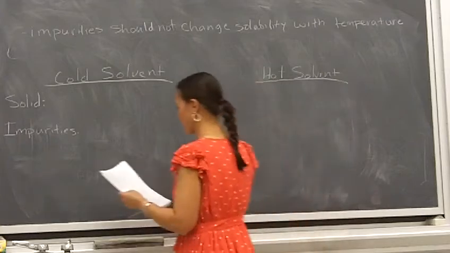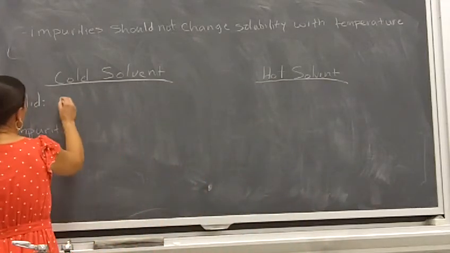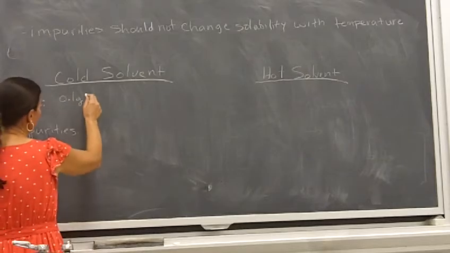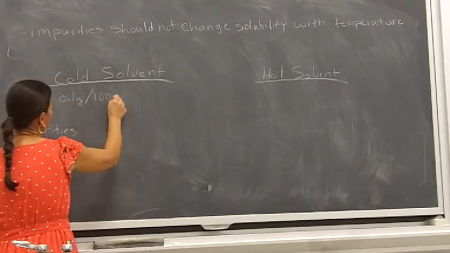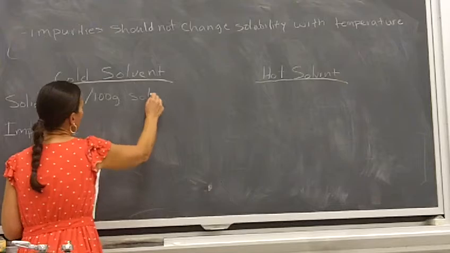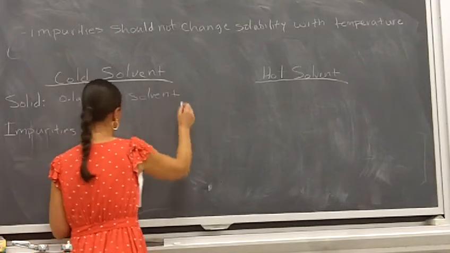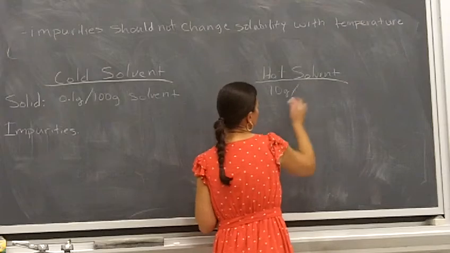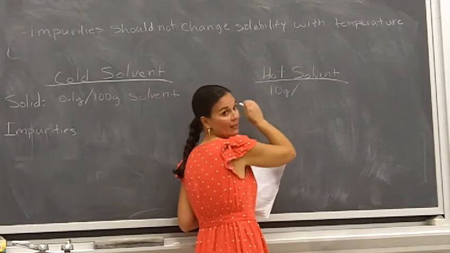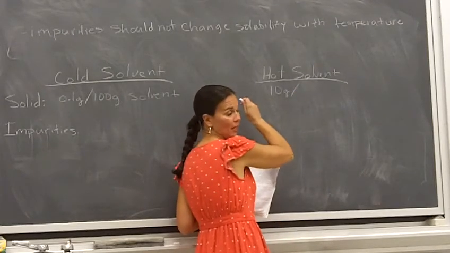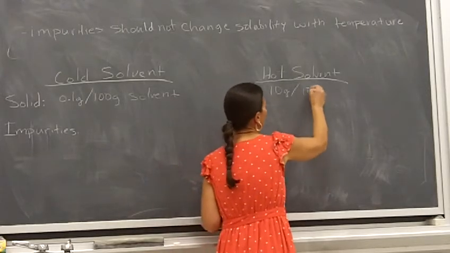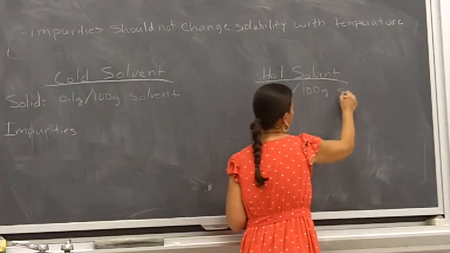What we'd like to see from the solid is something like 0.1 gram solubility in 100 grams of cold solvent. But when we warm it up, we'd like something like, this is just example numbers, these are not the same numbers every time. But you want a big change in solubility between hot and cold solvent.